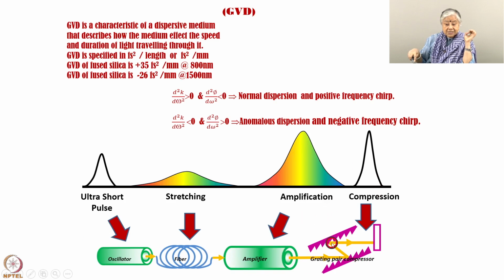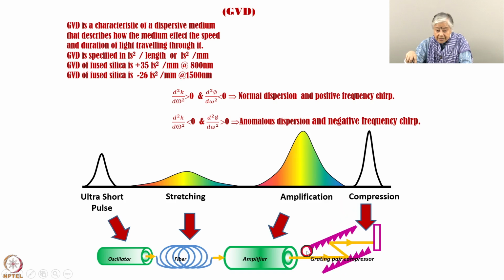Generally, what they did, their first thing, they did it in a grating. Generally gratings will give you a negative frequency chirp, and the fiber gave you the positive frequency chirp. So, these two cancel each other and then you can get a compressed pulse. That is the duty of the grating pair here.